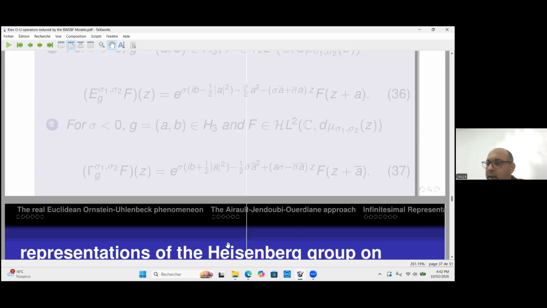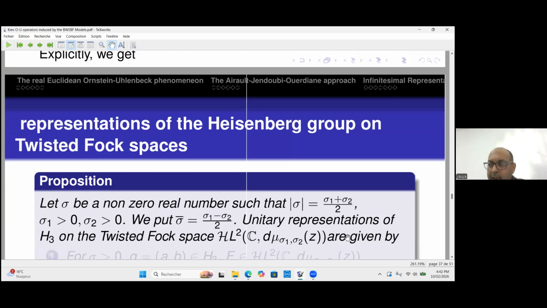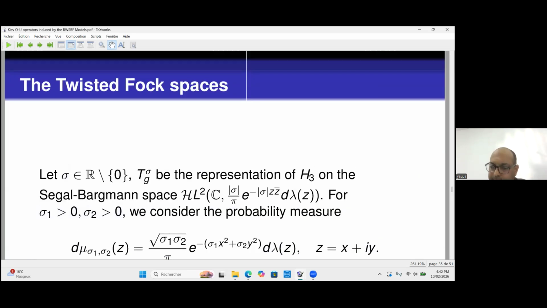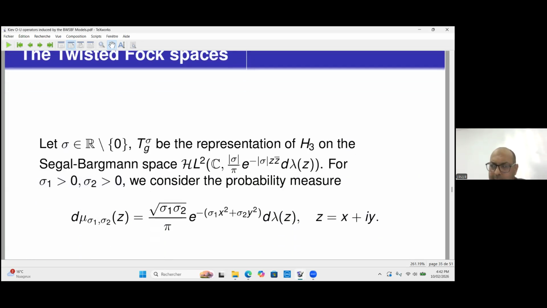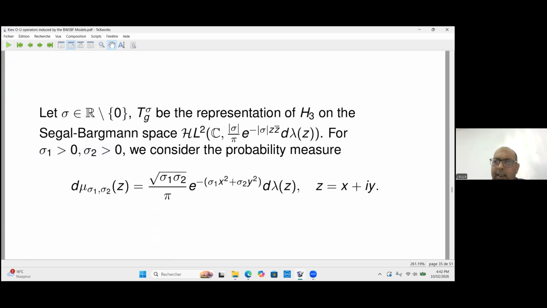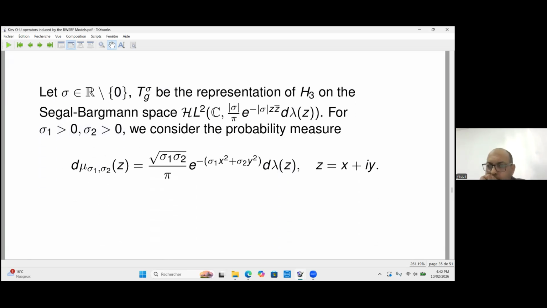If we use the complex number, we can write it as exponential of minus the sum of (sigma 1 plus sigma 2) over 2 times z z bar, plus (sigma 1 minus sigma 2) over 4 multiplied by z power 2 plus z bar power 2.